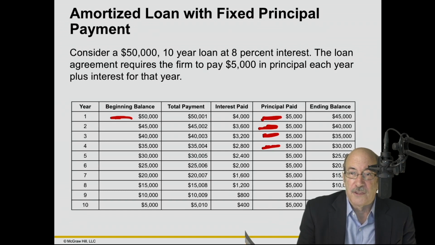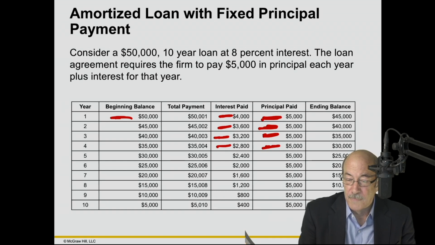Now, the interesting thing about this is that the interest payment on that loan drops every period because we're paying back part of a large chunk of principal, right? So we start off with an interest payment of $4,000, and then it drops to $3,600, and then it drops to $3,200, and then it drops to $2,800, and so on down the line.